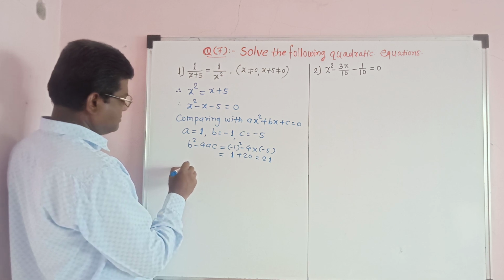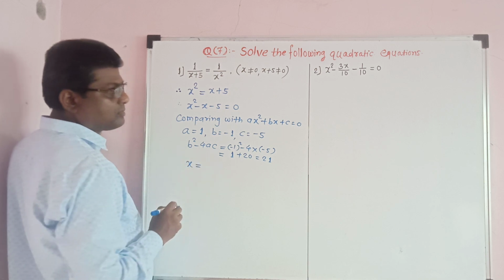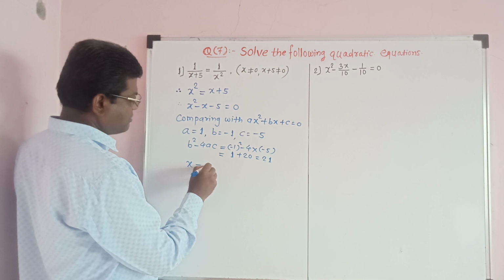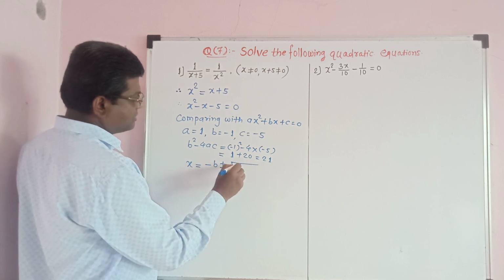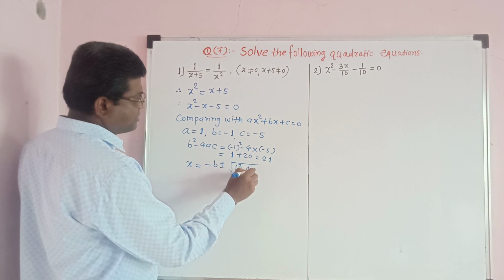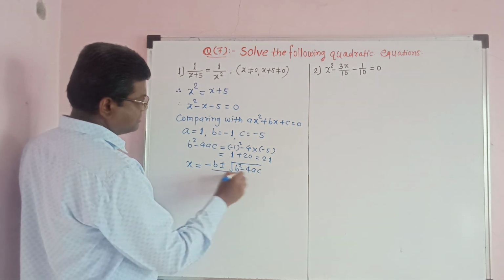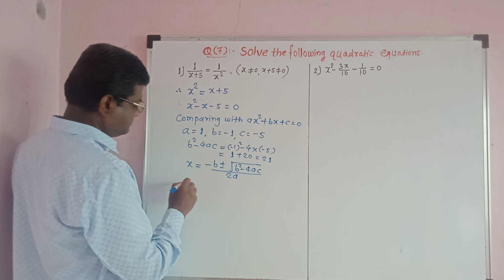Now x is equal to minus b plus minus square root b square minus 4ac upon twice a.